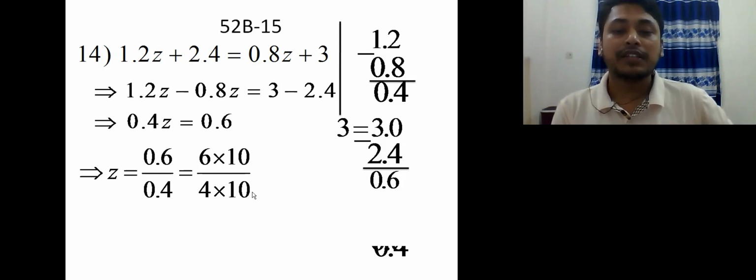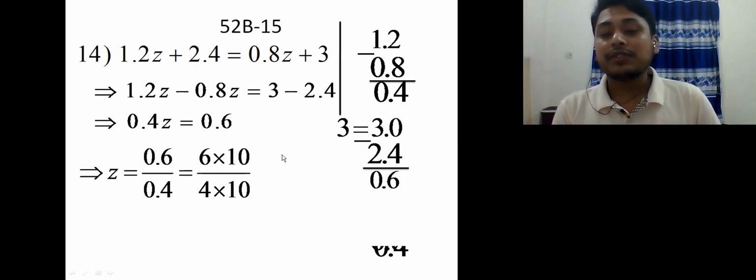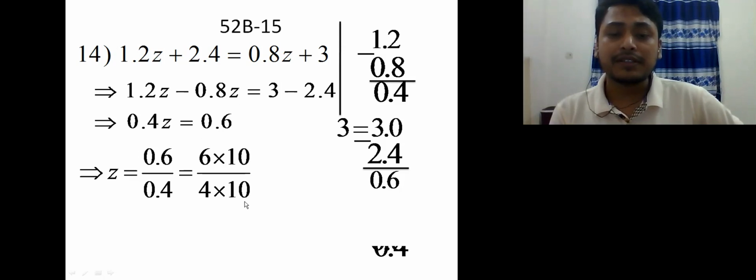So 6 by 10. And for removing the decimal point in the down one, you take 10 in the upper one, because after the decimal point there is one digit. Directly you can do it, or step by step, no problem. But it's an advanced calculation.